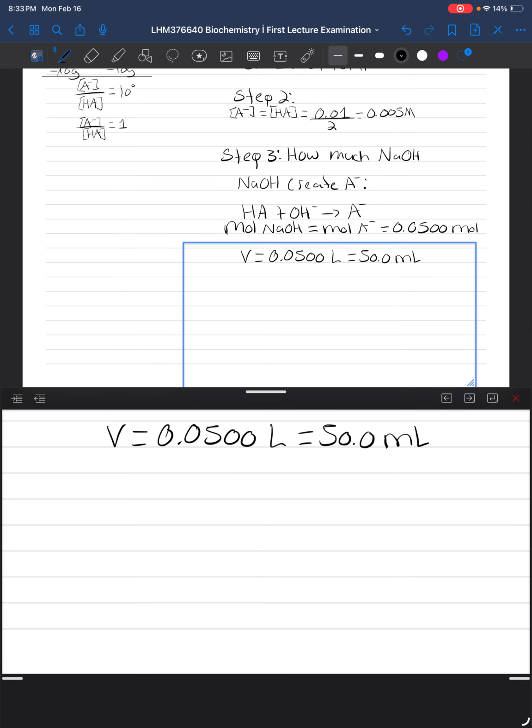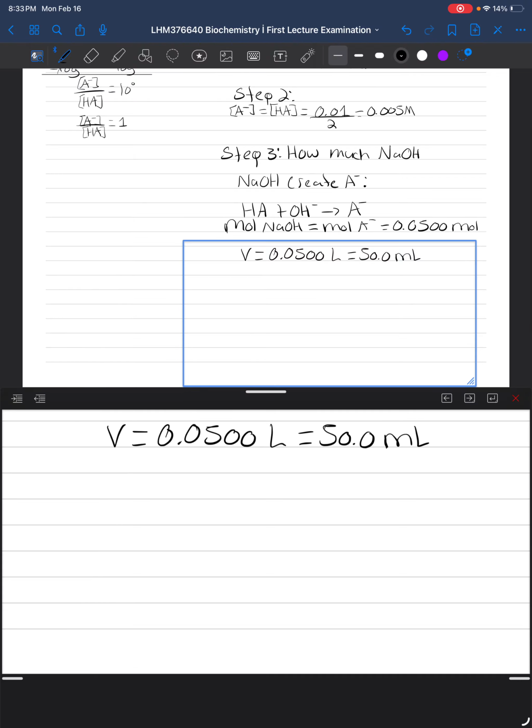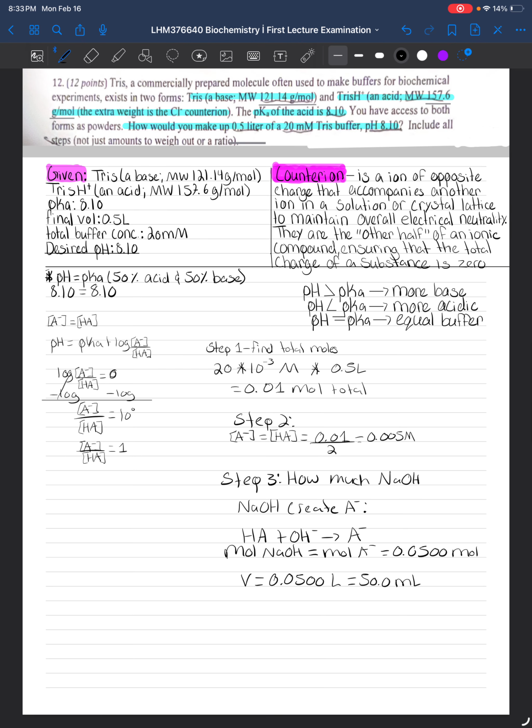And then step 4, now we have to figure out how much buffer powder to weigh. Because it's asking us how we would make up the Tris buffer and include all the steps, not just the amount to weigh out or a ratio. So we will need the total moles of buffer, which is 0.01.